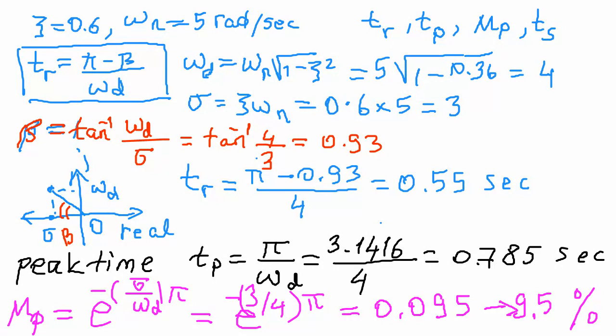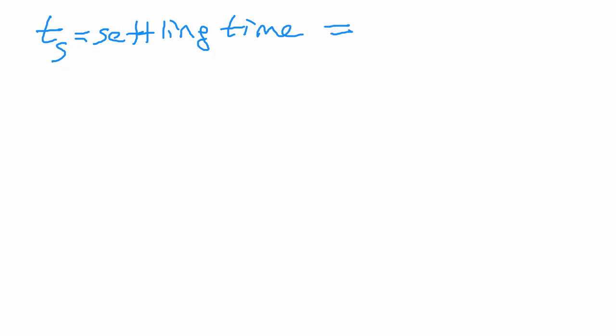So if we continue in the same manner, settling time is equal to 4 over sigma, which is equal to 4 over 3, which is 1.33.